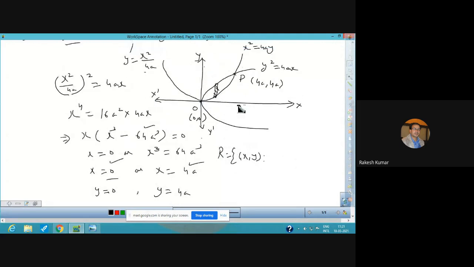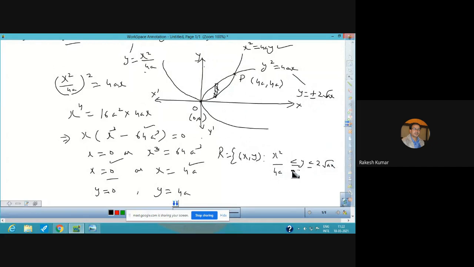at this point, this is the curve with equation x equal to 4a. So the lower limit of y is x square over 4a, and at this point the value of y will be plus or minus 2 square root of ax, but we are in the first quadrant, so the value should be positive, that is 2 root ax.